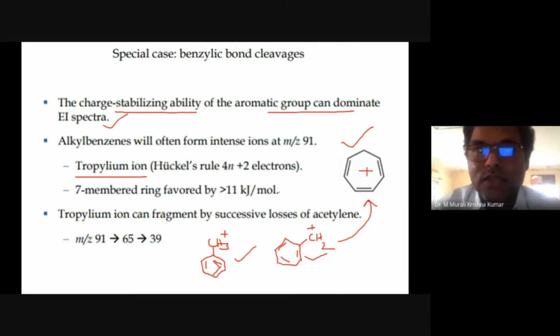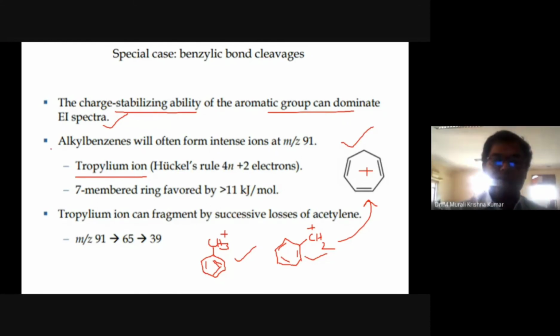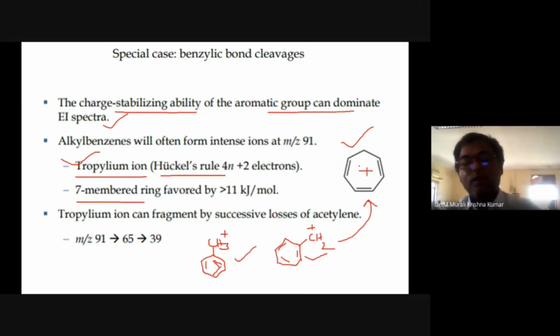This is also a charge stabilized fragmentation pattern, but here the tropylium ion is formed because it follows Huckel's rule. It's a 7-membered ring. It is aromatic, so that's the reason why it is formed very easily.